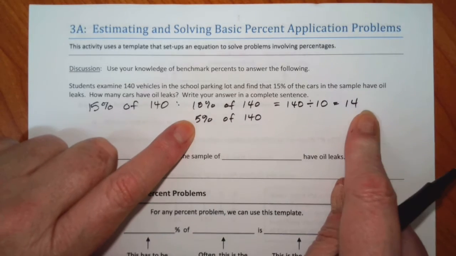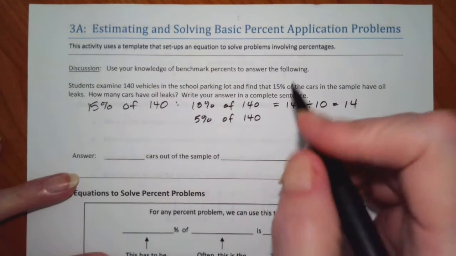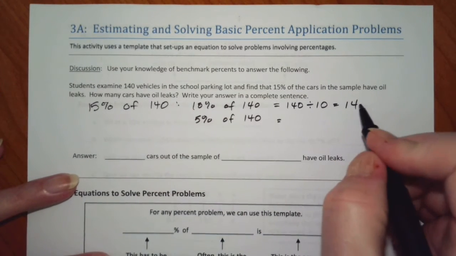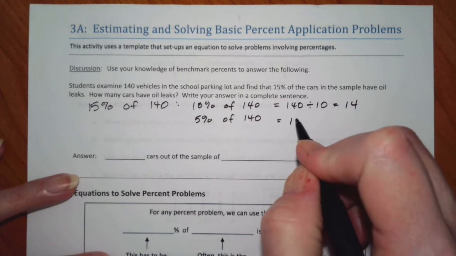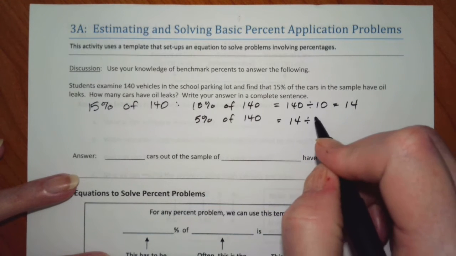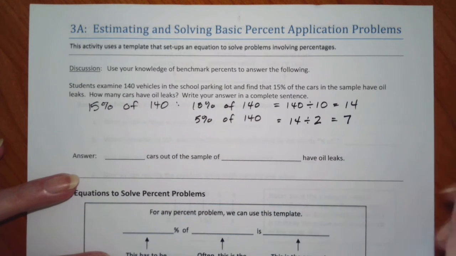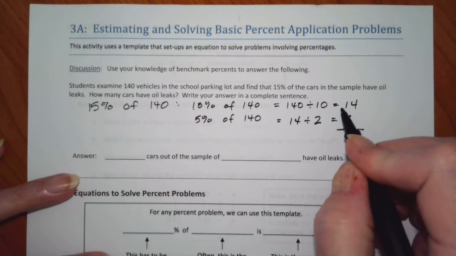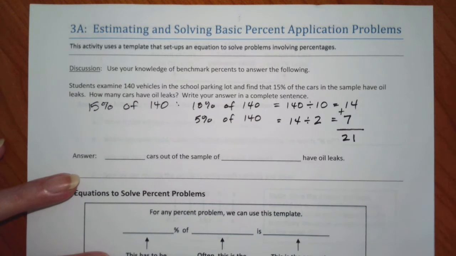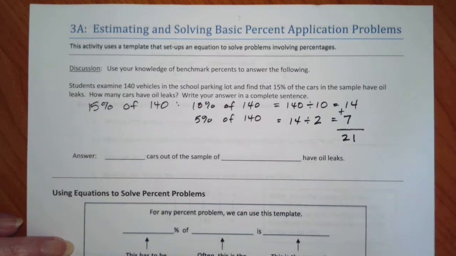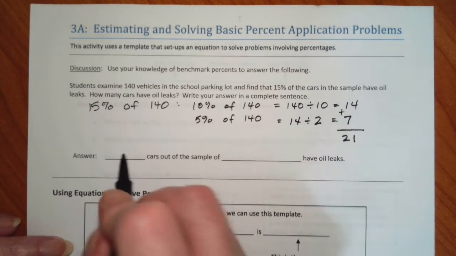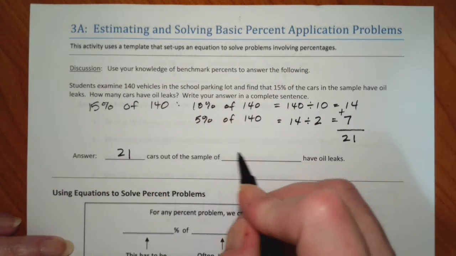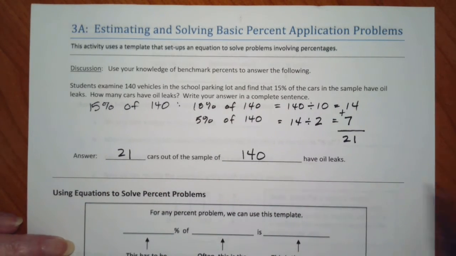Well, 5% is half of 10%, so 5% of 140 is going to take this and take half of that, which gives me 7. And then when I add these two up, I get 21. So using this method, I get that 21 cars out of a sample of 140 have oil leaks.